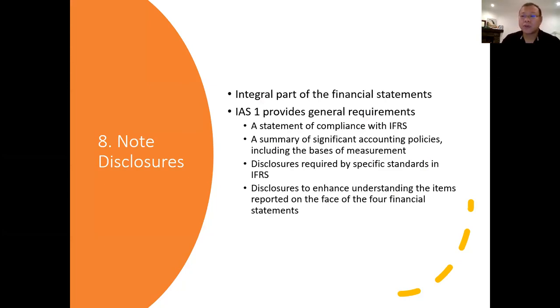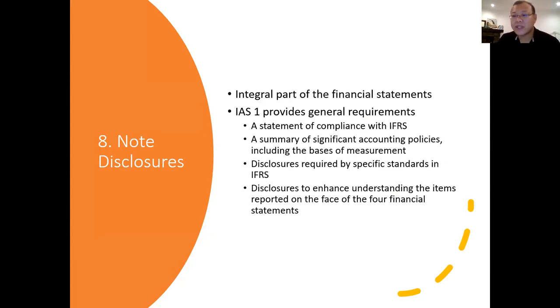Okay, so for note disclosure, there's a lot of important information, transactions that will not be recognized in the financial statement, but they are important. They have to be disclosed for the benefit of the user, right?